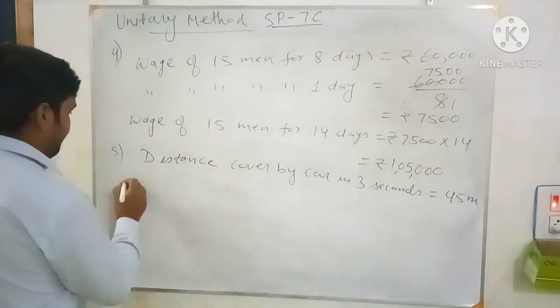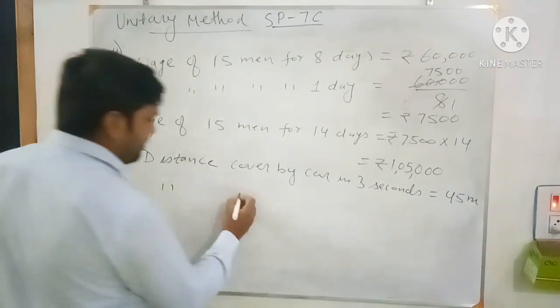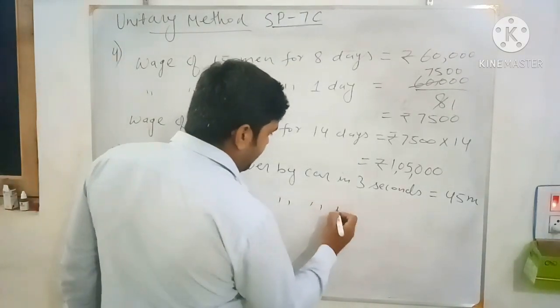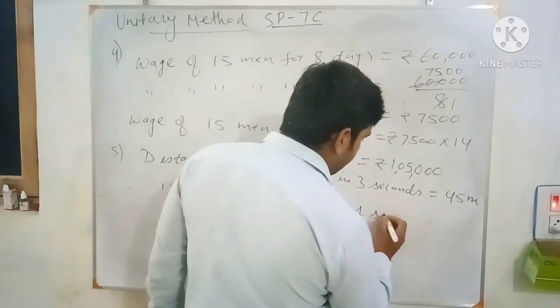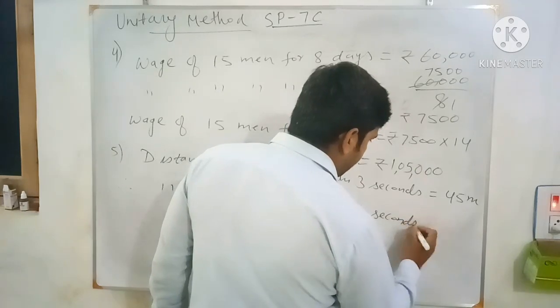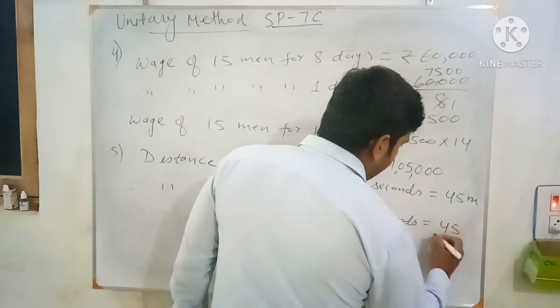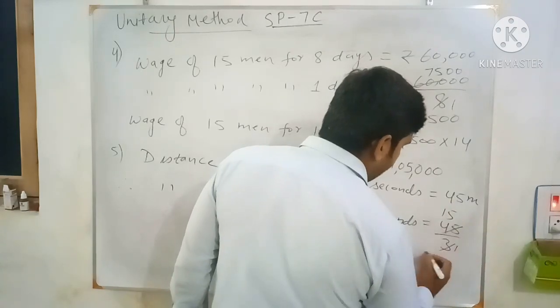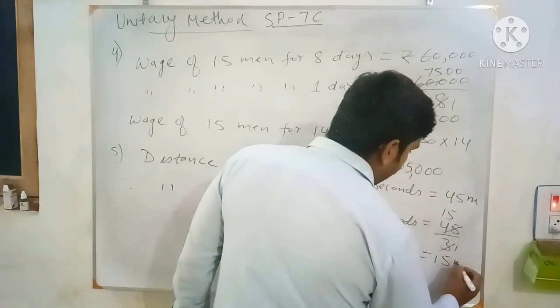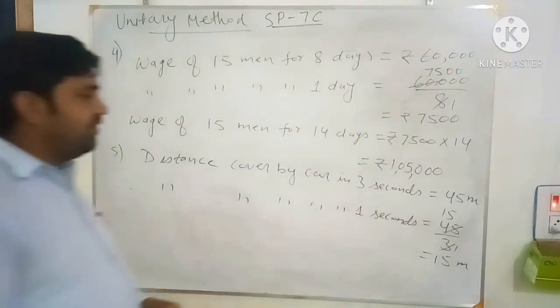Therefore, distance covered by the car in 1 second equals 45 divided by 3. 3 ones are 3, 3 15s are 45. So the answer is 15 meters. So the distance covered by the car in 1 second is 15 meters.